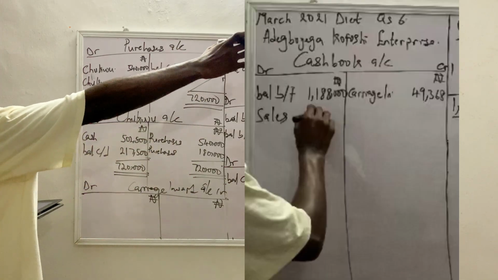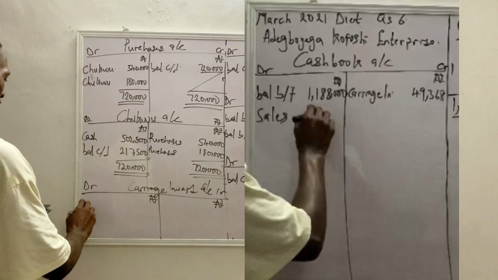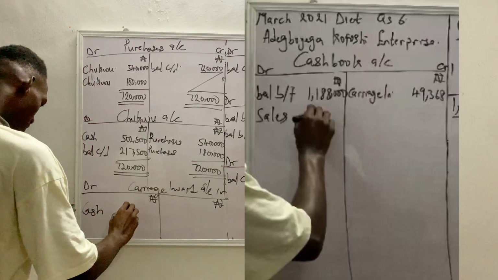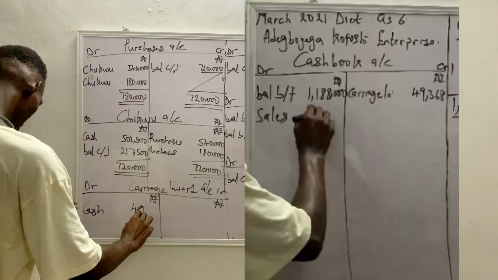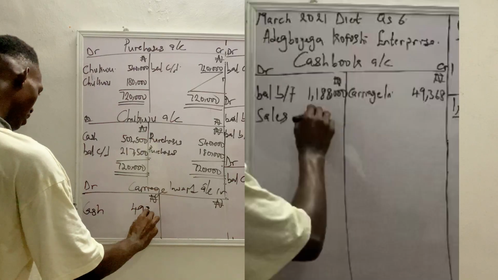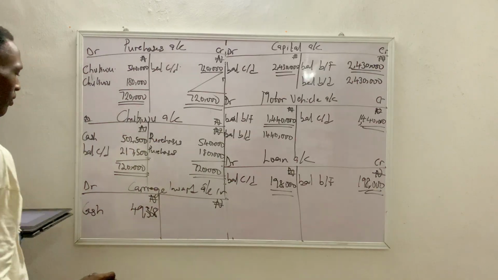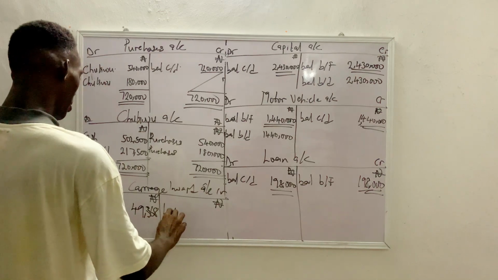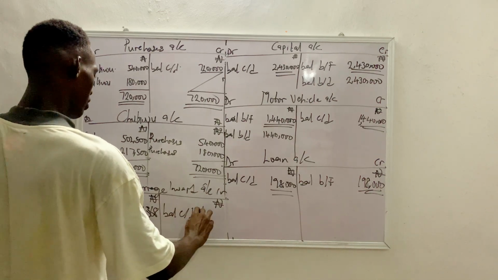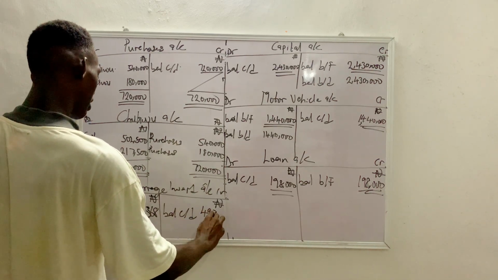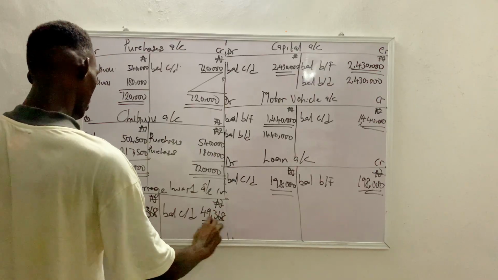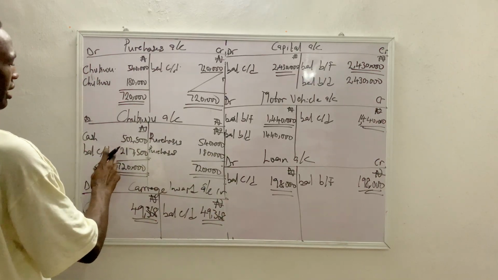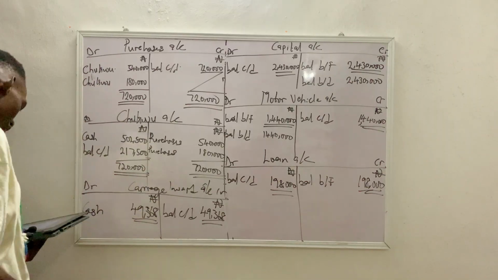It is on the credit side in the cash book, so the corresponding entry will be our cash. How much did we spend? 49,368, and there's nothing more. So this will be our balance carried down, 49,368. Remember, you take your balance carried down as your balance brought down in the next period.